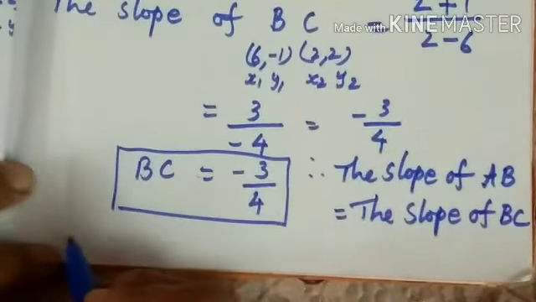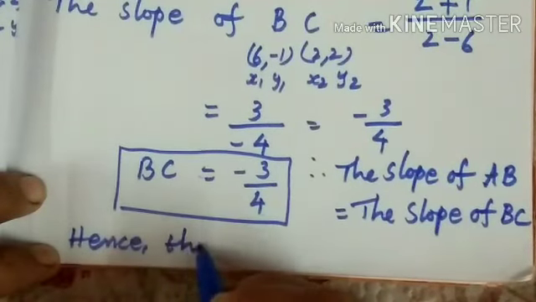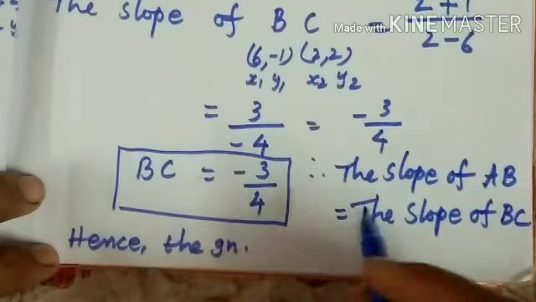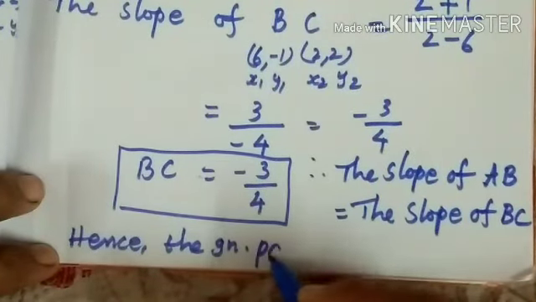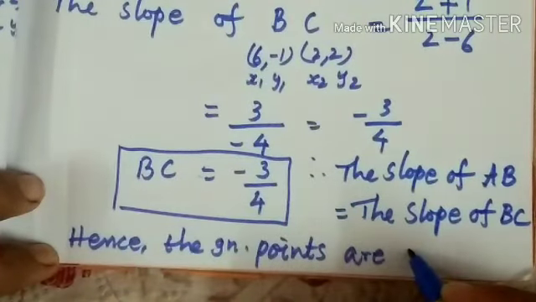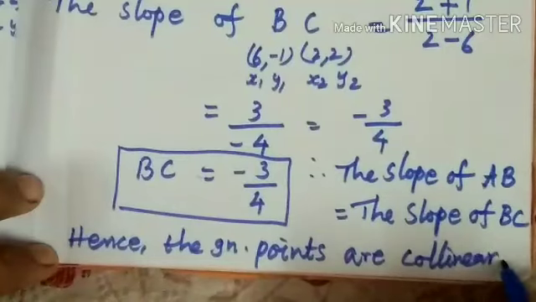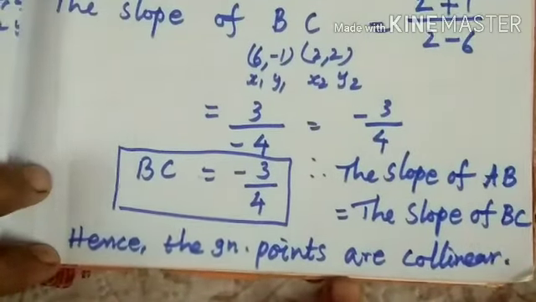Hence, the given points are collinear. This is the answer for this sum.